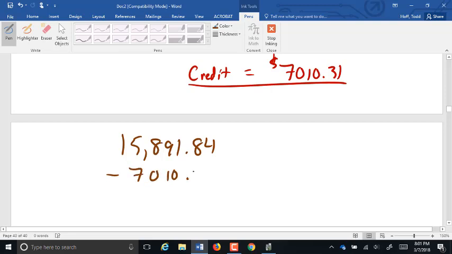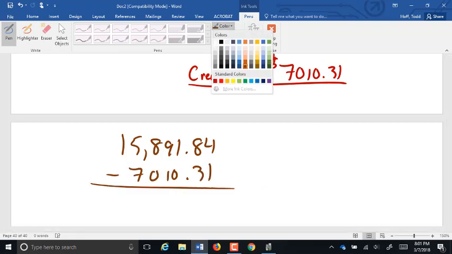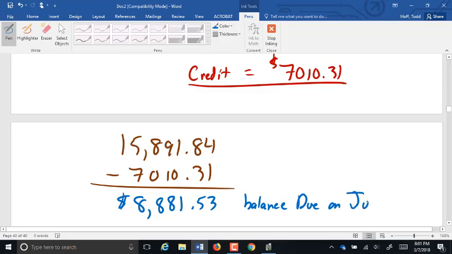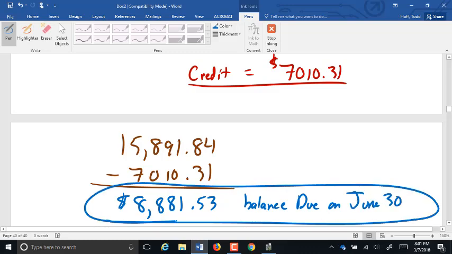So we subtract the credit of $7,010.31 to get a balance due of $8,881.53 due by June 30th.